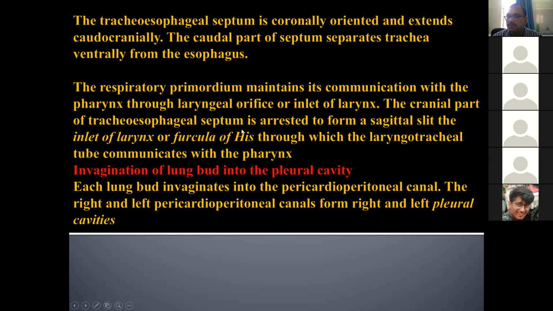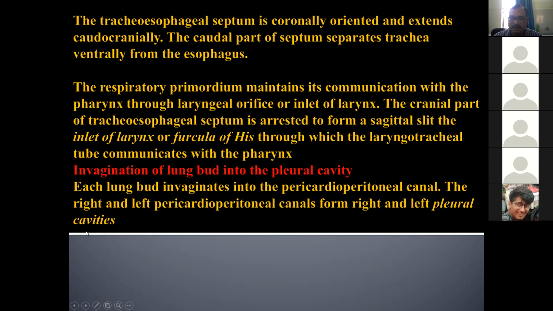We have seen that the tracheoesophageal septum is responsible for separation of the trachea and the esophagus. After this septum is formed and both are separated from each other, just beneath this septum a small orifice, the inlet of larynx, is left over. This slit-like opening, the furcula of His, is through which the tracheoesophageal tube communicates with the pharynx.